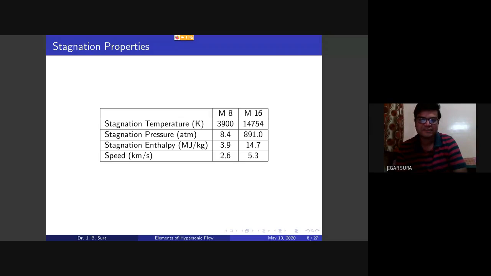Stagnation enthalpy associated with the temperature is 3.9 megajoule per kg. So if you use this for 1 second, you have 3.9 megawatt of energy. And for Mach 16, it is 14.7. As for speeds, they will be 2.6 and 5.3 kilometers per second.